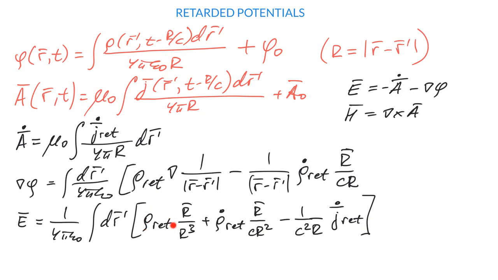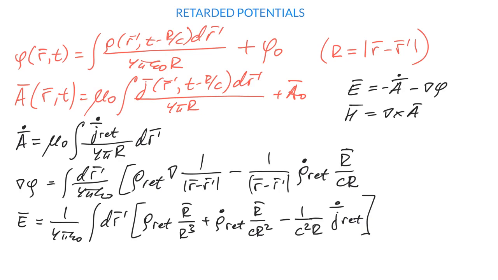If rho is constant in time, rho retarded just becomes rho at any time, and the time derivatives vanish, and we just get the field corresponding to the static Coulomb's law. But here we have two additional terms coming from the time derivatives.